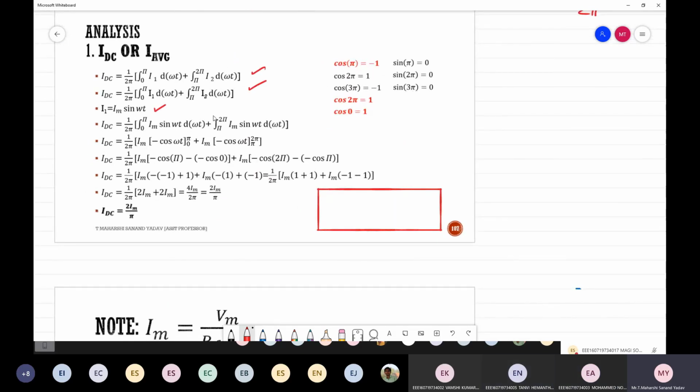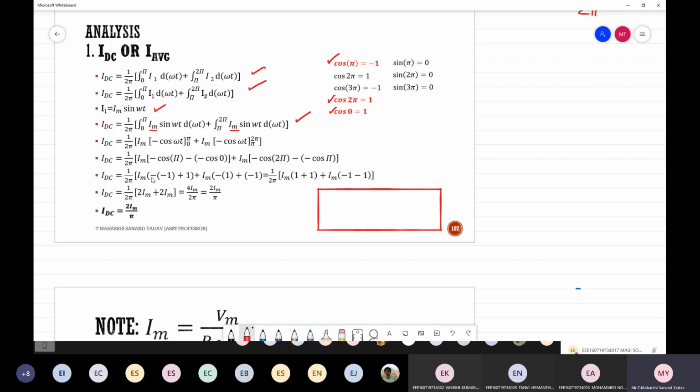I is Im sin omega t after substituting. I took Im as common here. So the integration of sine is minus cos omega t. Here you can see the values also. Cos pi is minus 1. Cos 2 pi is 1. Cos 0 is 1. So I got IDC as 1 by 2 pi.